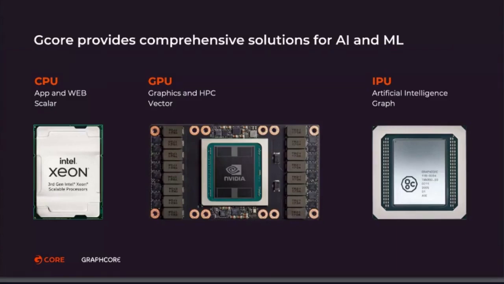One of the popular things is the GPU, which we use for graphics and HPC. It's the vector architecture, and most of the ML models train on GPU cards. But the GPU also has a lot of limitations related to the memory and the specific architecture for parallelization of the training tasks.